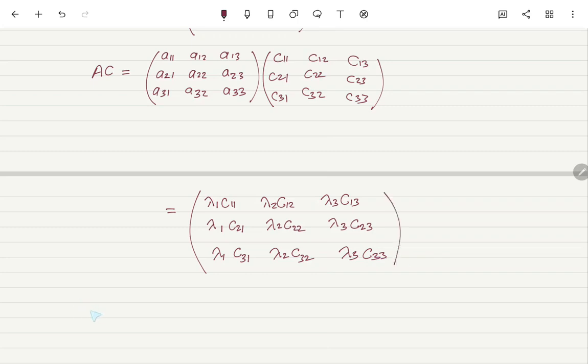We just multiply by the eigenvalues lambda 1, lambda 2, and lambda 3. Since A times the first column C11, C21, C31 is equal to lambda 1 C11, lambda 1 C21, lambda 1 C31, there are similar results for column 2 and column 3.